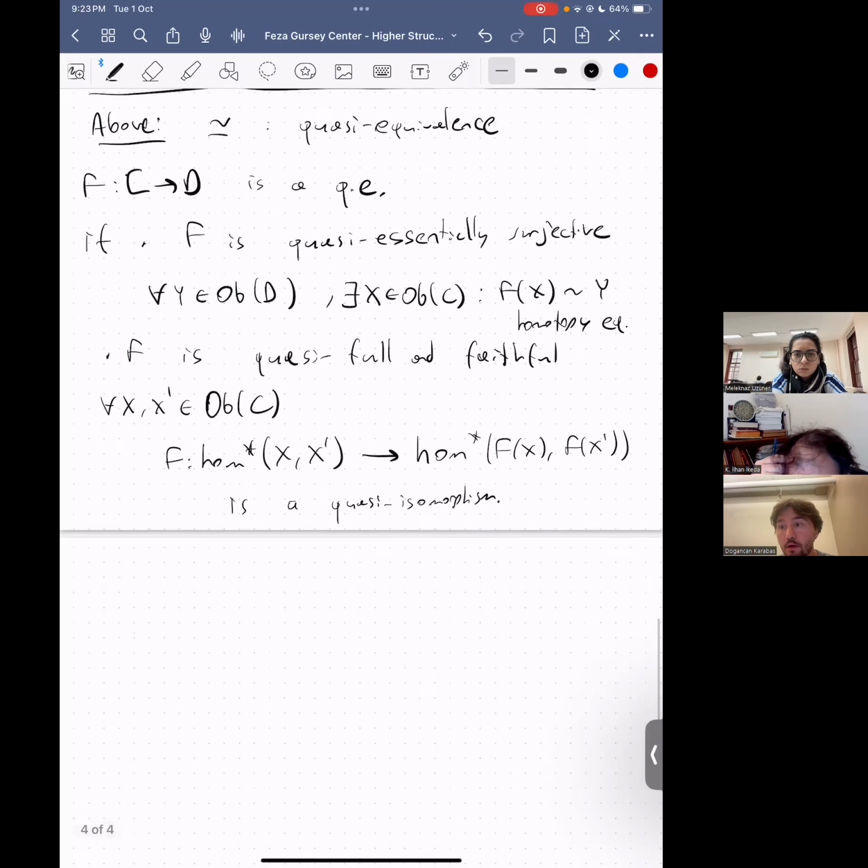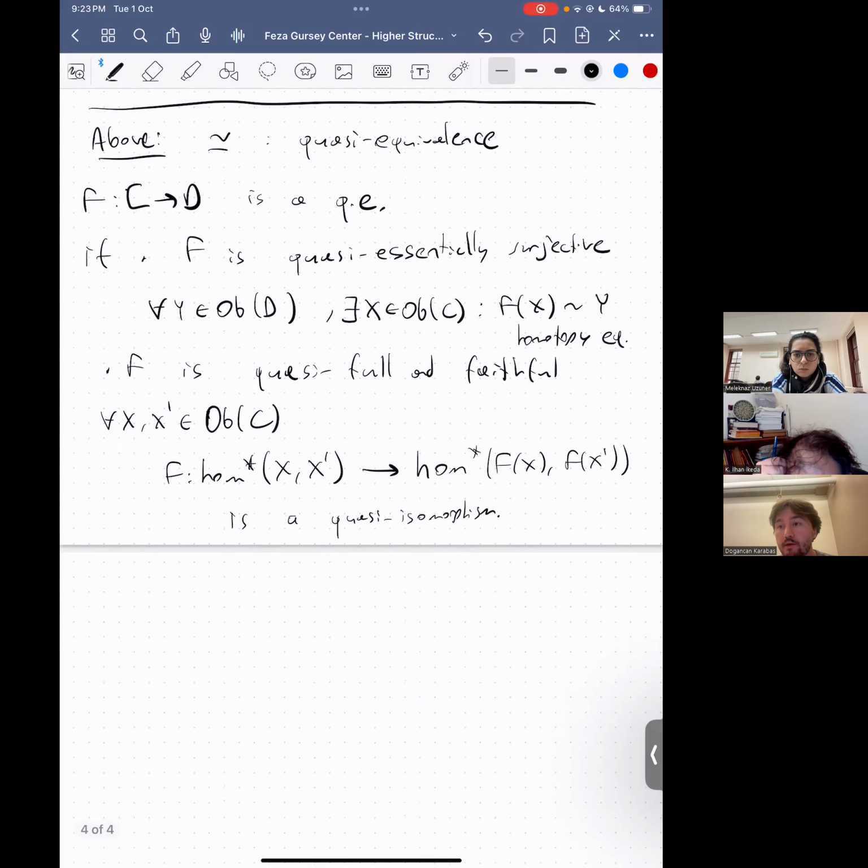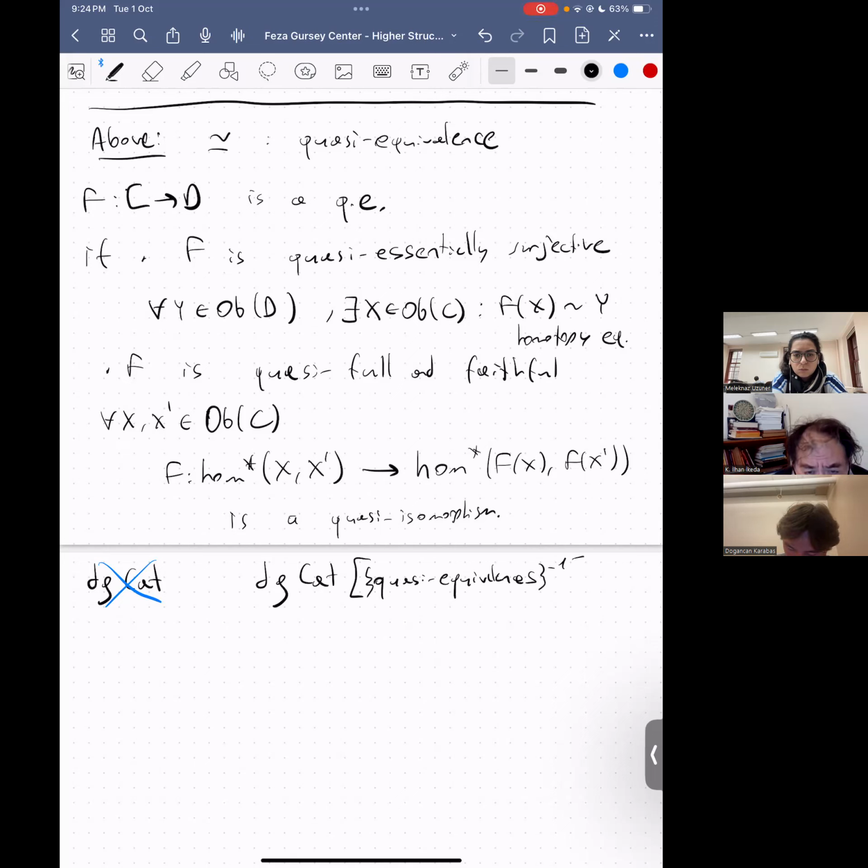So we are interested in DG categories up to quasi-equivalences. We are not interested in this category of DG categories and DG functors. We are interested in DGCAT where the quasi-equivalences are inverted.